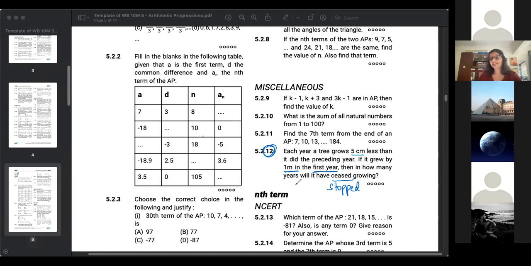It's like 70% of the work done. So all you need to do is figure out what ceased growing means. Aditya and Elena have solved it already. Good. Miss, does ceased growing mean 0 centimeters? There you go. It stopped growing, meaning the rate of growth is 0. It didn't grow anymore.